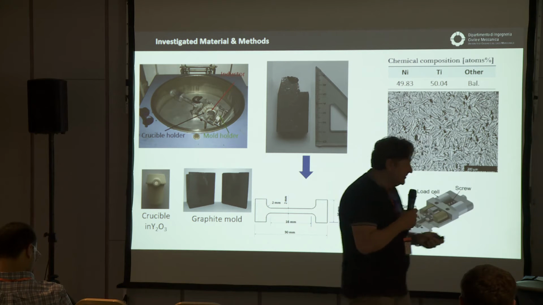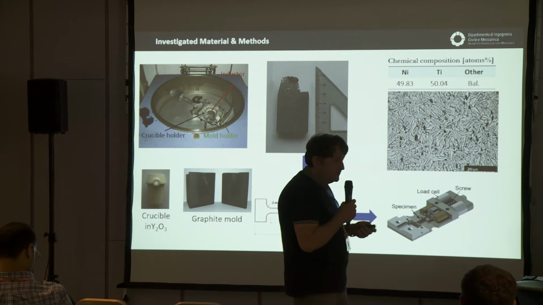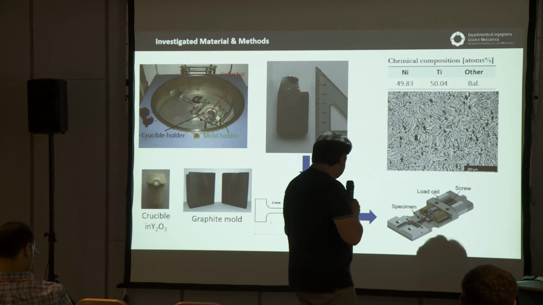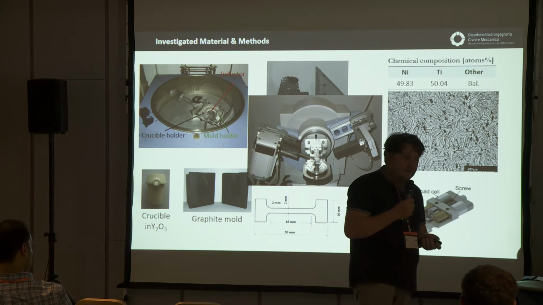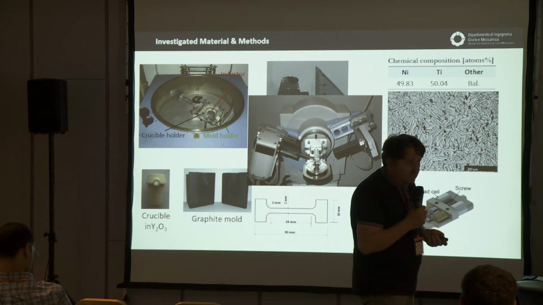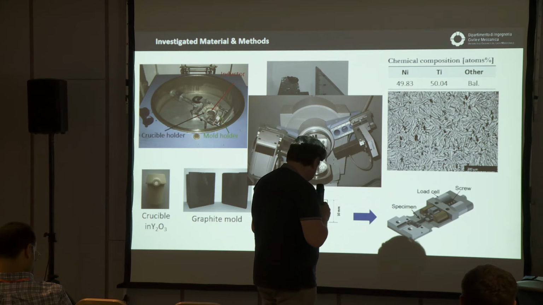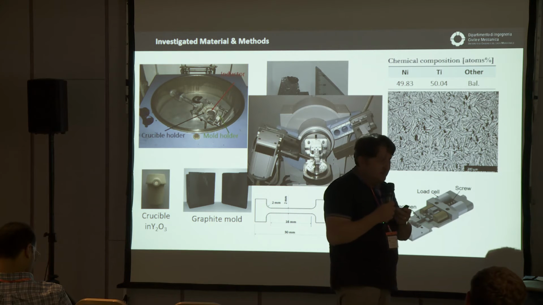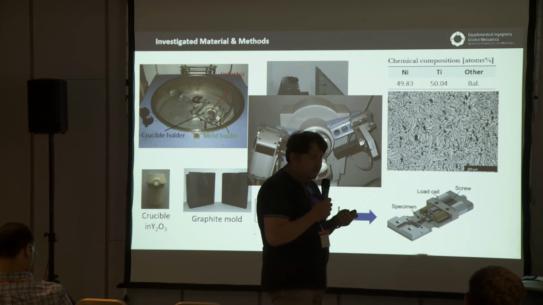Keeping this deformation, it is able to put the calibrated length, for example, in the chamber of an XRD diffractometer in order to perform the diffraction test necessary to evaluate the real phase composition. Then we produced other kinds of specimens in wire shape in order to compare the mechanical properties.